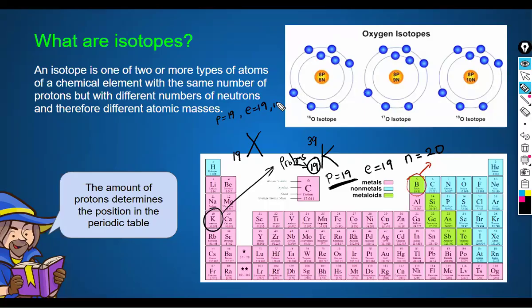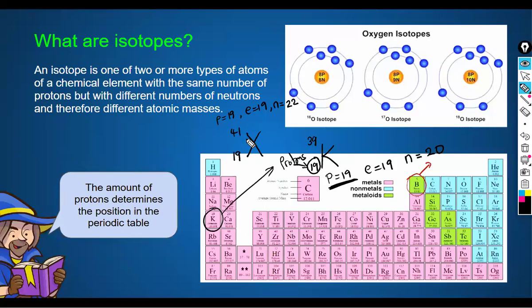But let's say the amount of neutrons was 22. Anybody want to tell me what the top number would be? The top number would not be 39, huh? Because remember, the top number is protons plus neutrons. It has a different amount of neutrons now. 19 plus 22 is how much?